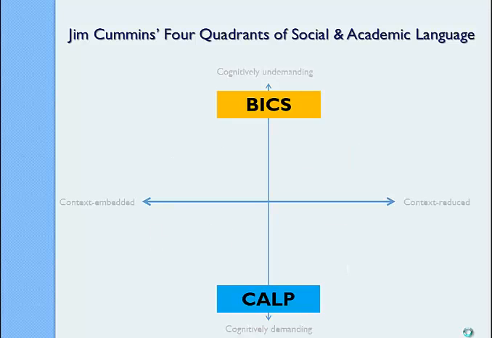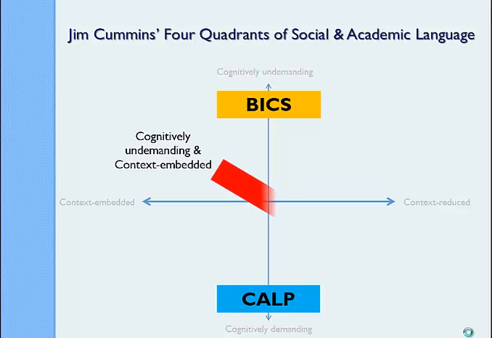So our goal as teachers, especially language teachers, is to take our students into the CALP sections or quadrants of this chart, and EAL students tend to be in the top left quadrant, the cognitively undemanding and context-rich section, and we need to move them down into the context-reduced and cognitively demanding quadrant.